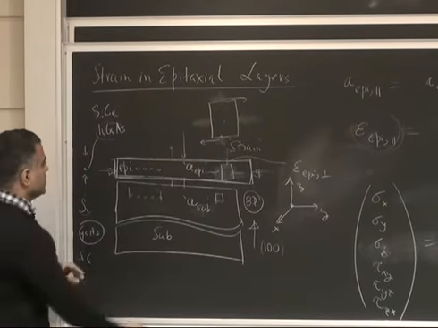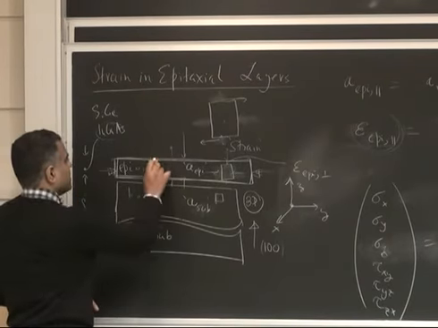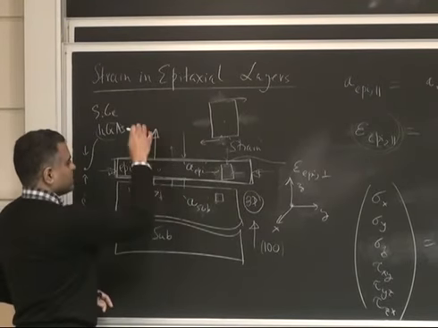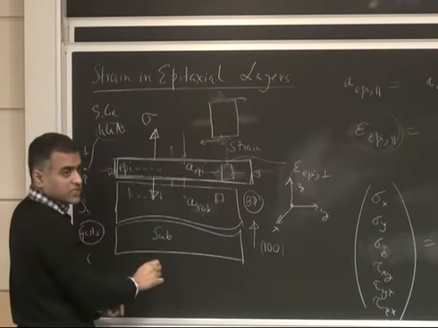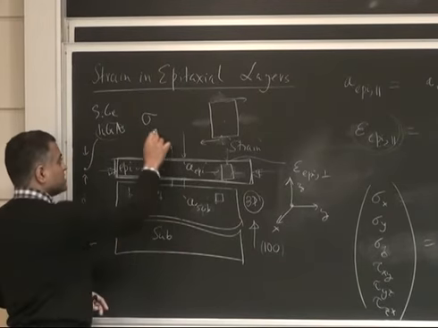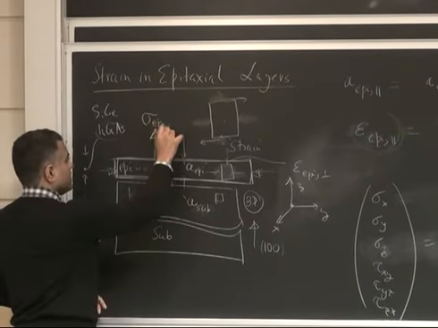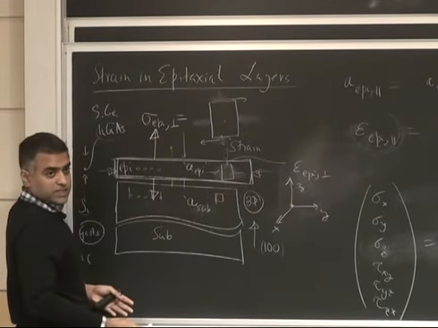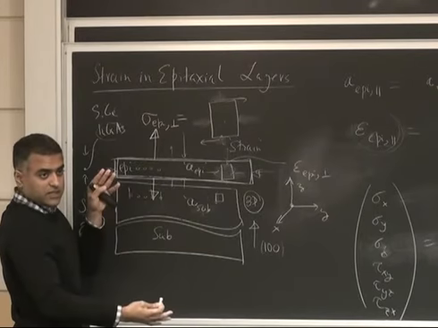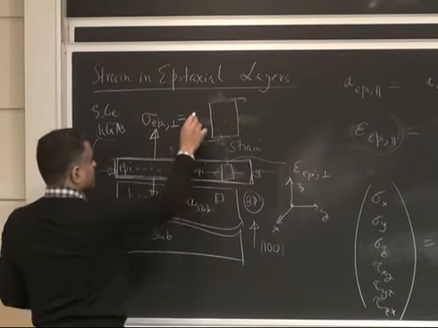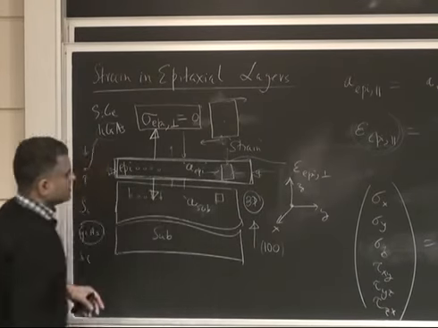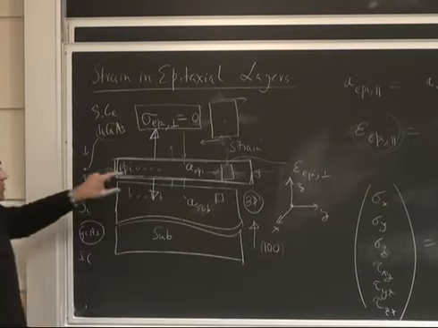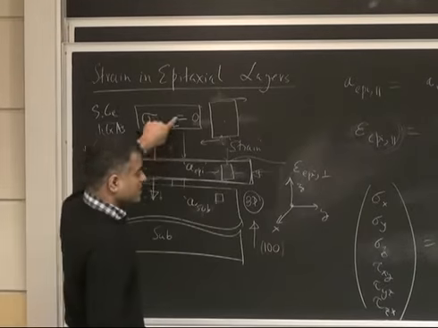If something is free on any side, then one of the things you can use is that in the vertical direction, the stress, which is the pressure, because it's free, the stress in the epi layer in the perpendicular direction, what will that be? If it's free, there's no stress. It can relax completely in that direction. There's no pressure, so that is actually 0. Because it's the top layer, you can't write it if it's a buried layer. But if it's a top layer, meaning free on the surface, then this is 0.